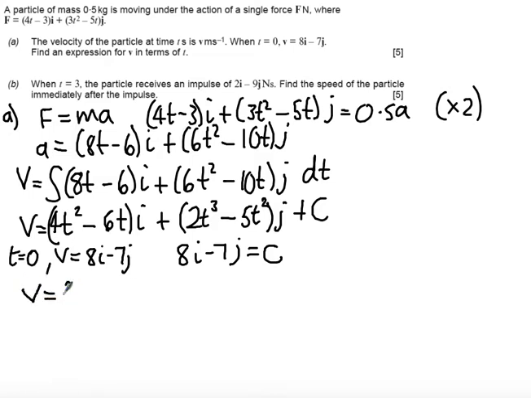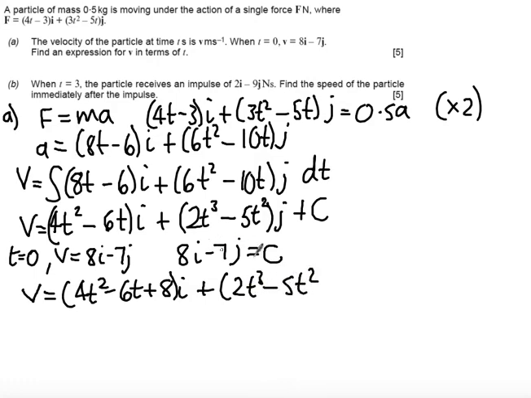So finally, the equation can be written as (4t squared minus 6t plus 8)i plus (2t cubed minus 5t squared minus 7)j. And this is the velocity of our particle with respect to time.